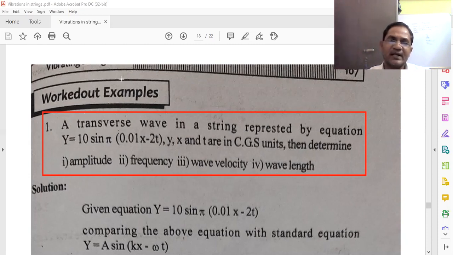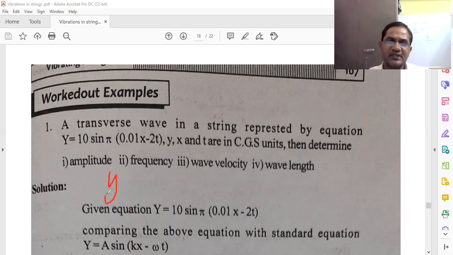What is the standard equation? I am writing y is equal to A sin(omega t minus kx).